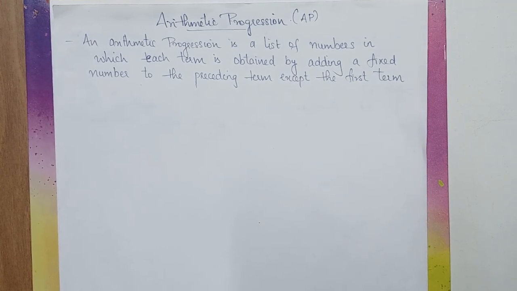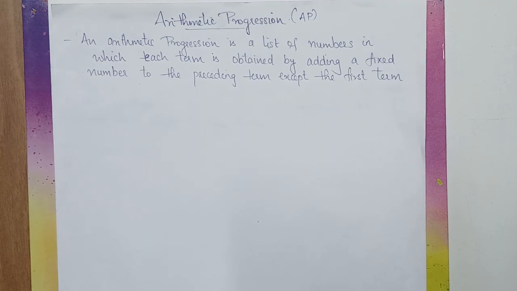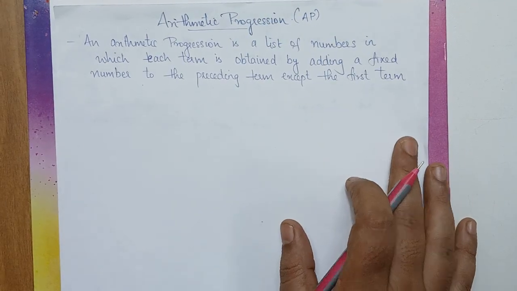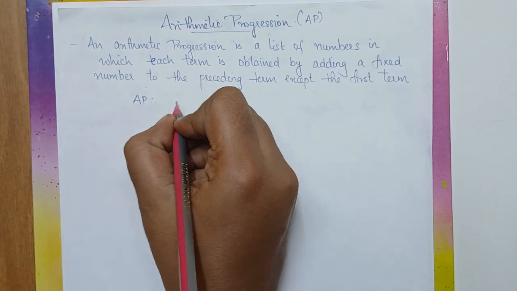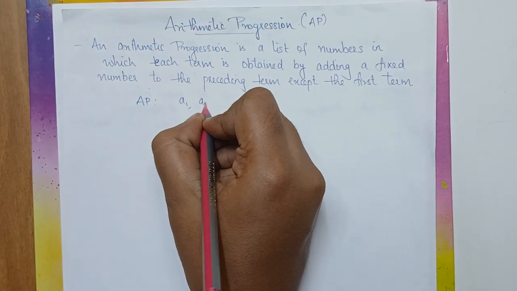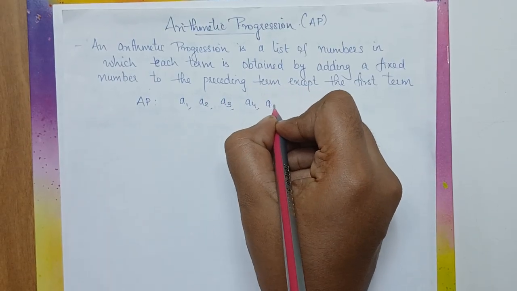The next number of an AP is obtained by adding a fixed number to the preceding term. Suppose I am taking an AP, representing it as A1, A2, A3, A4, A5, etc.